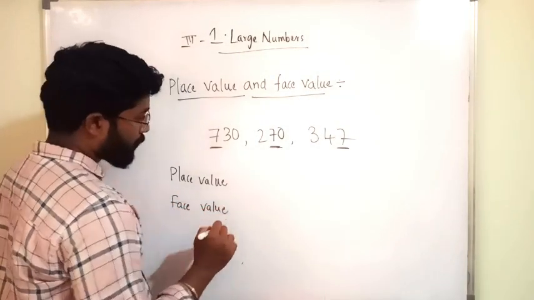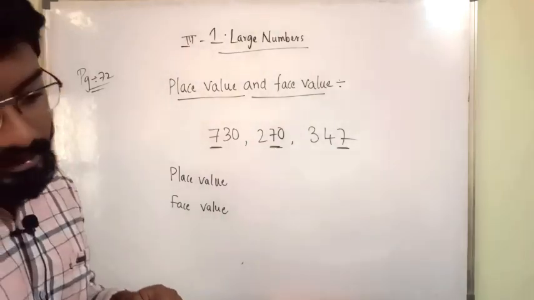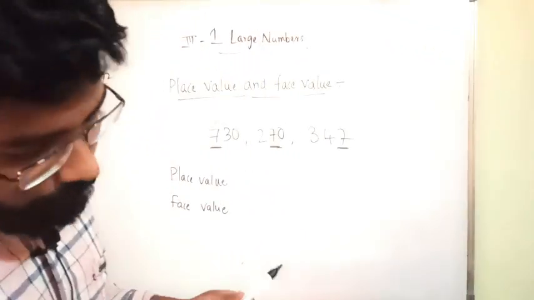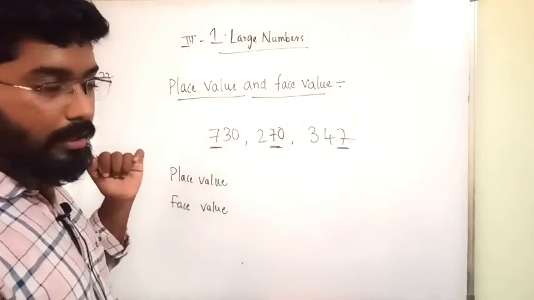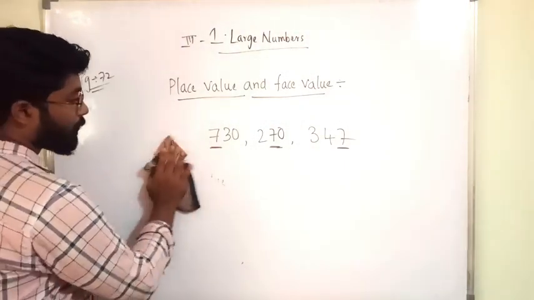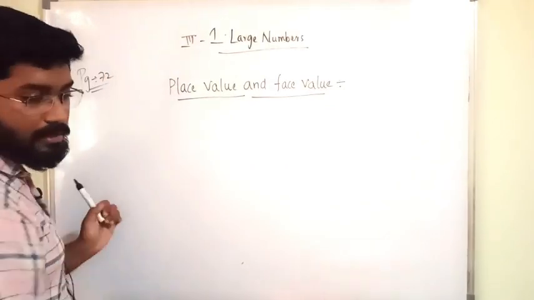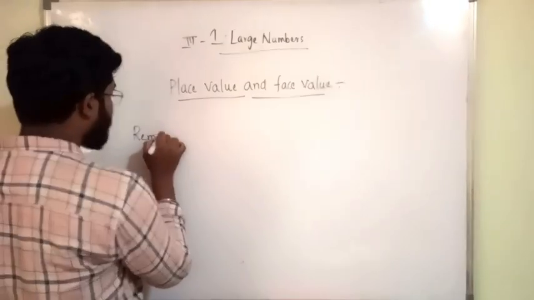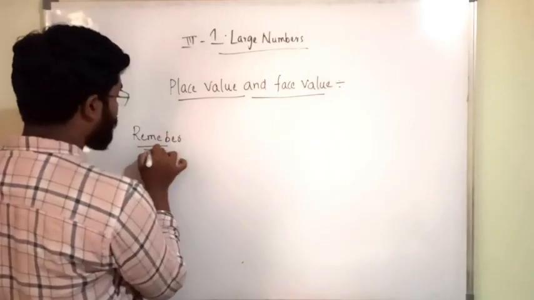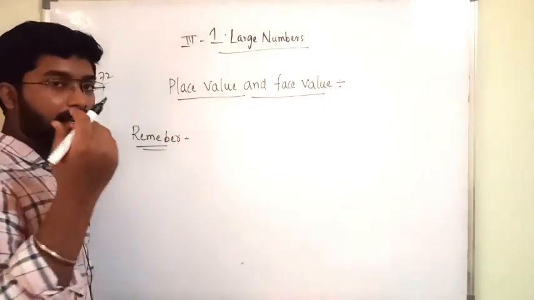So before knowing the place value and face value, so we have to find for these. Okay, clear? But before this, there is a point to remember. If you study that and go to the topic, it will be very easy to understand.